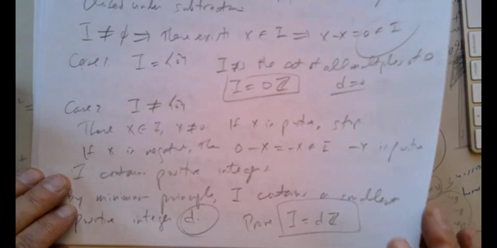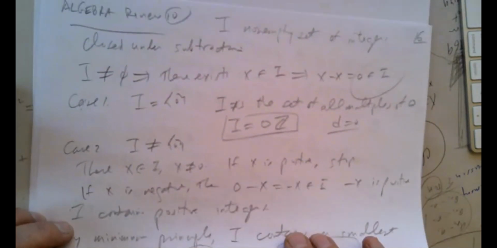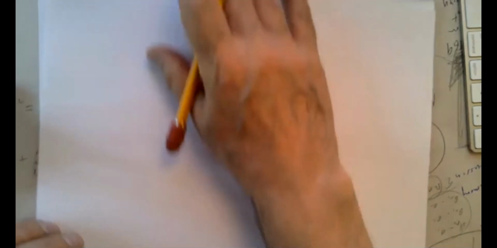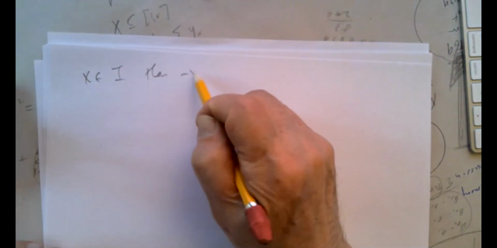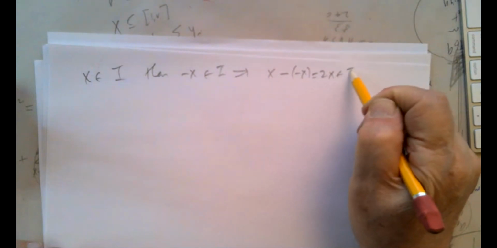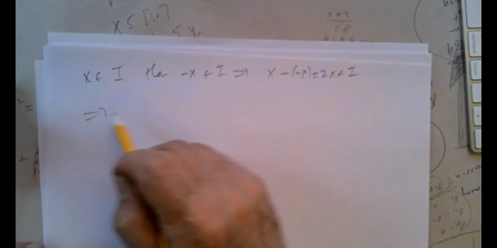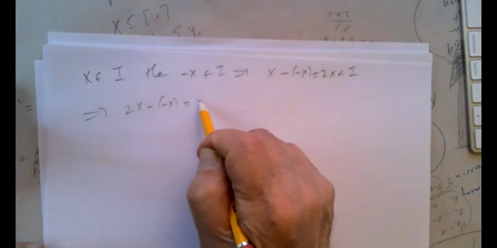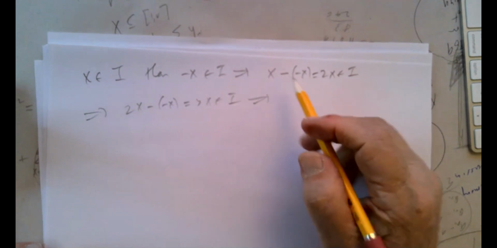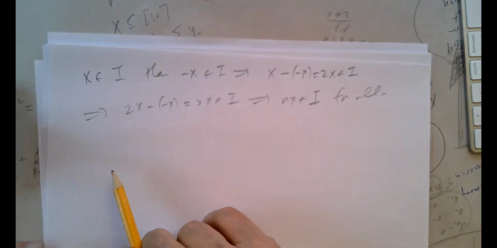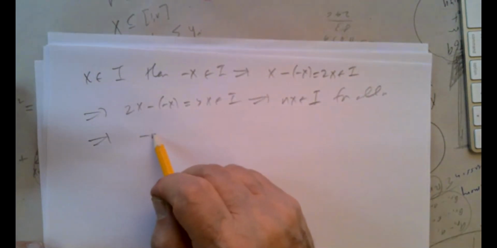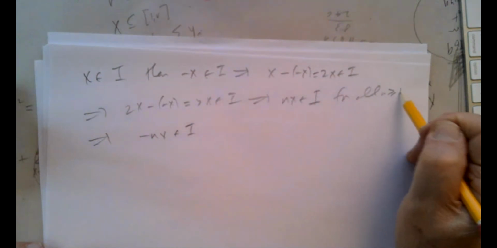And the way you prove that is, first of all, you notice that if X is in I, then we prove minus X is in I. And because I is closed under subtraction, X minus minus X, which is 2X, is in I. And then 2X minus minus X, which is 3X, is in I. And as you continue, you see that NX is in I for all N. And so minus NX is in I for all N greater than or equal to 1.